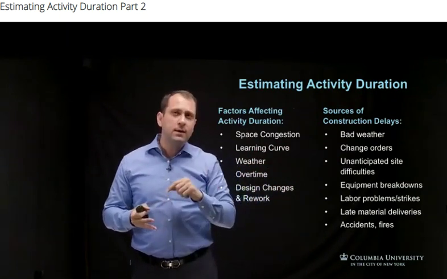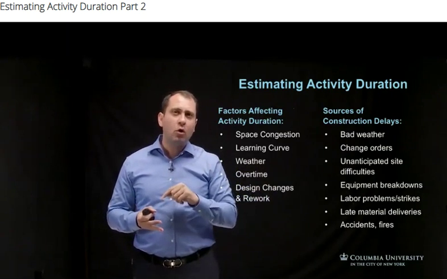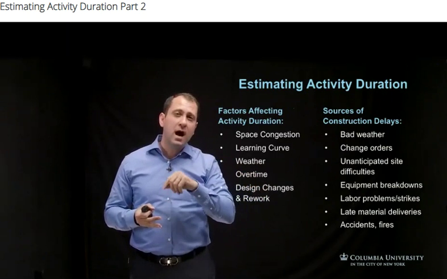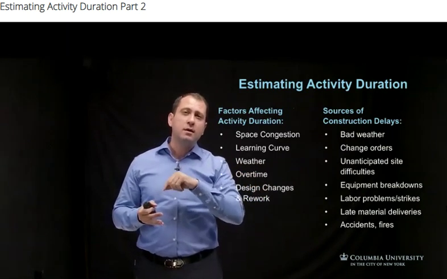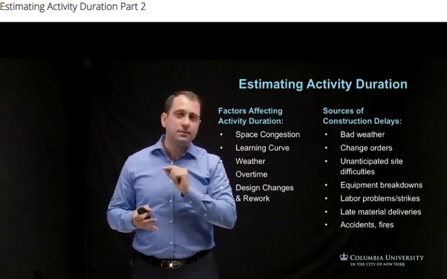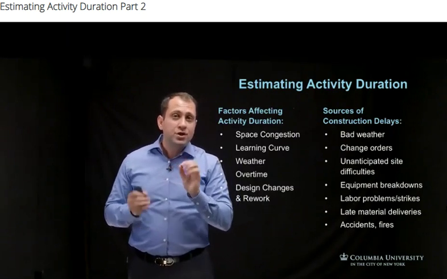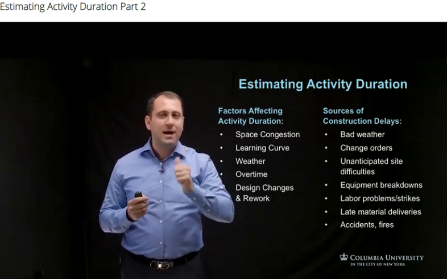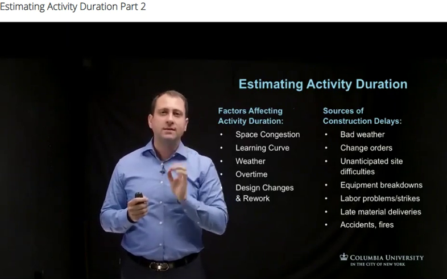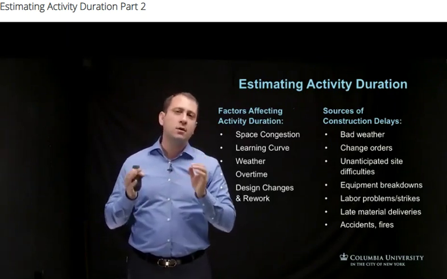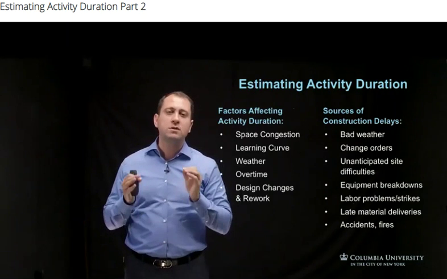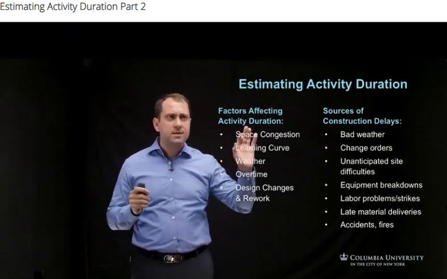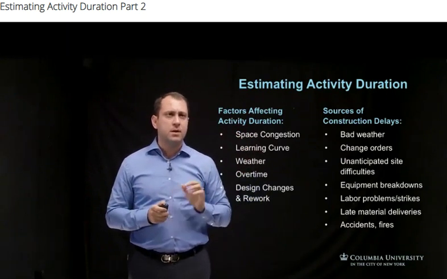As a result, the productivity of assembling these forms may be lower than the average or the normal for a particular project. So, adjustments based on engineering judgment and experience are needed to make more accurate calculations for the construction task duration. So this is the space congestion.